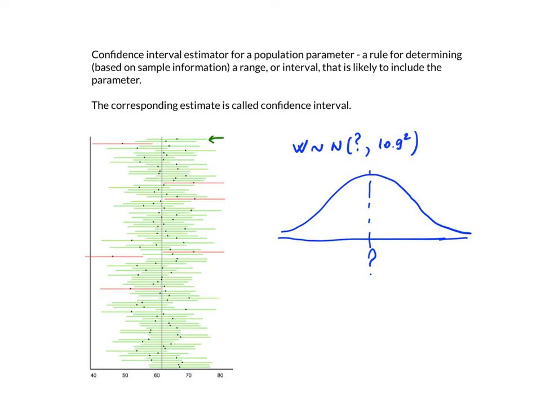In my last sample of size 5, the mean that I obtained from the sample was 66.3.